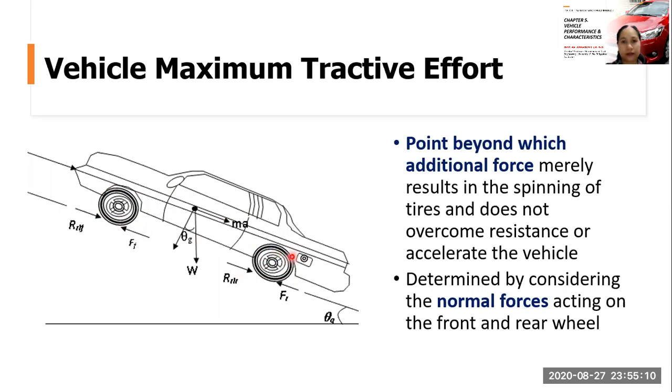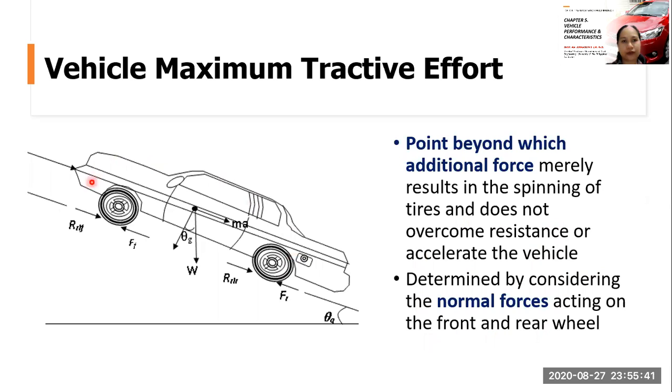So it means that the tires here will just continue to roll and roll without effect on the movement of the vehicle. So there is a point of maximum effort that can be exerted by the vehicle. And the maximum tractive effort is determined by considering the normal forces acting on the front and the rear wheel.